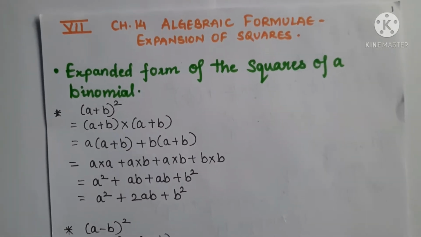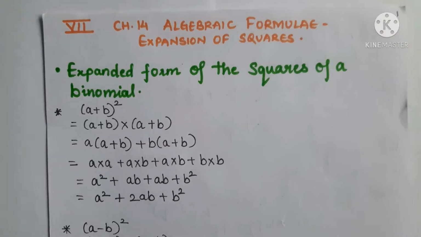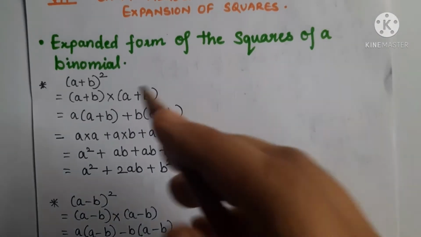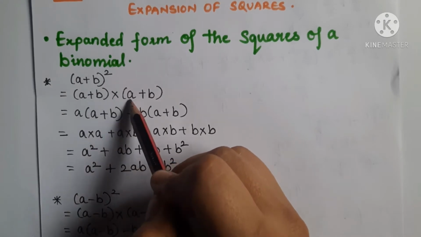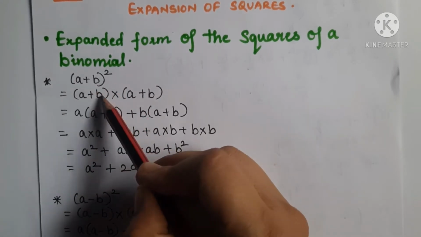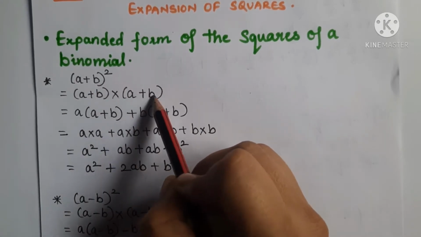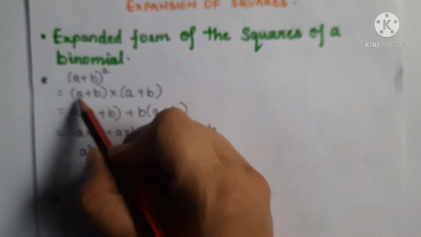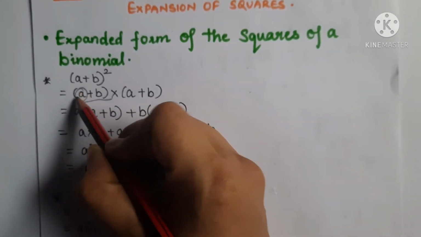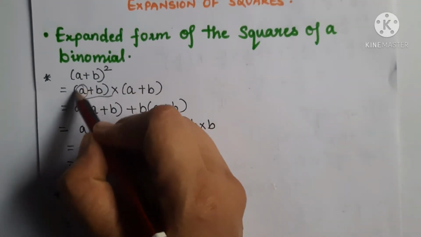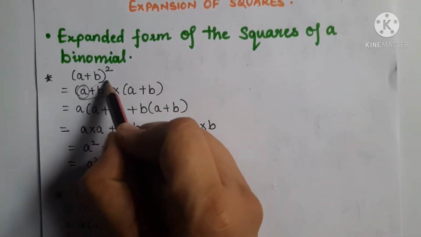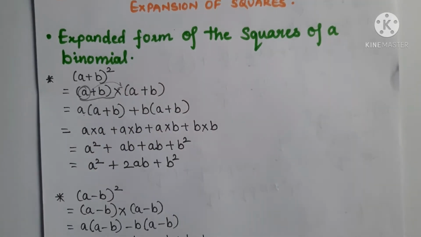Now let us see how we derive the formula of (a + b) the whole square. So (a + b) the whole square means (a + b) is multiplied 2 times, right? Twice. (a + b) multiplied by (a + b). From the first bracket I take the first term a and I multiply this by the entire second bracket (a + b).